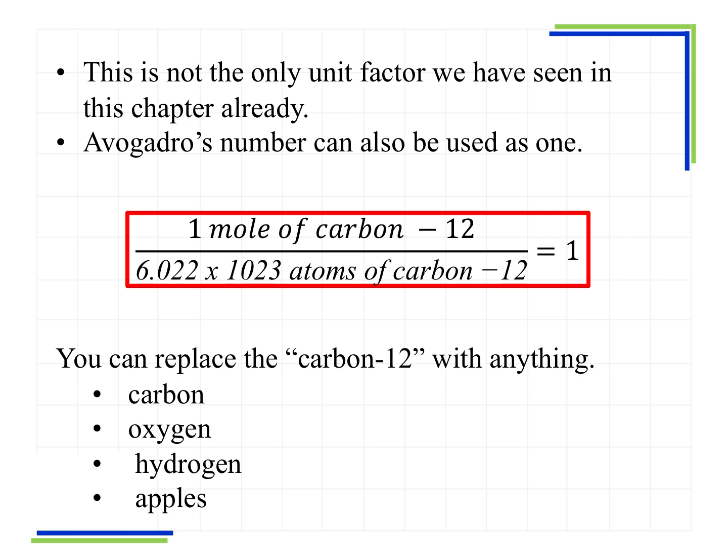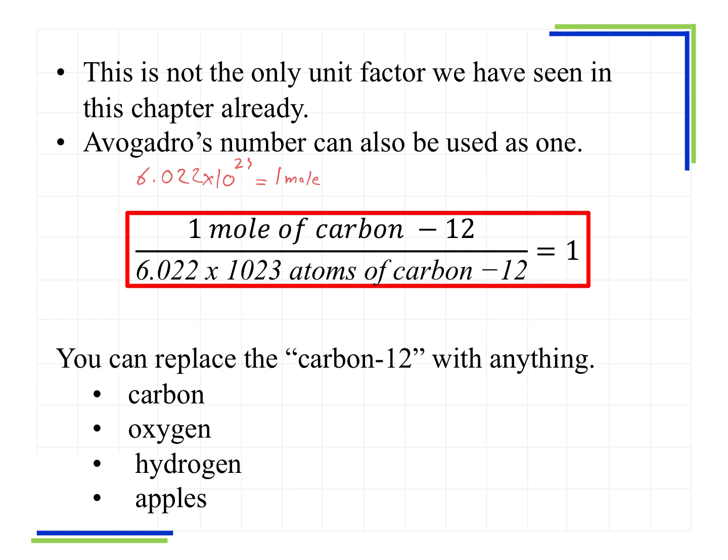And the molar mass was not the only one. As I said, in dimensional analysis, you can use any equality as a conversion factor. Wherever you see two things are equal, you can make it a conversion factor. Like what? We know that Avogadro number, 6.022 times 10 to the 23rd, of anything equals 1 mole of that thing, right?